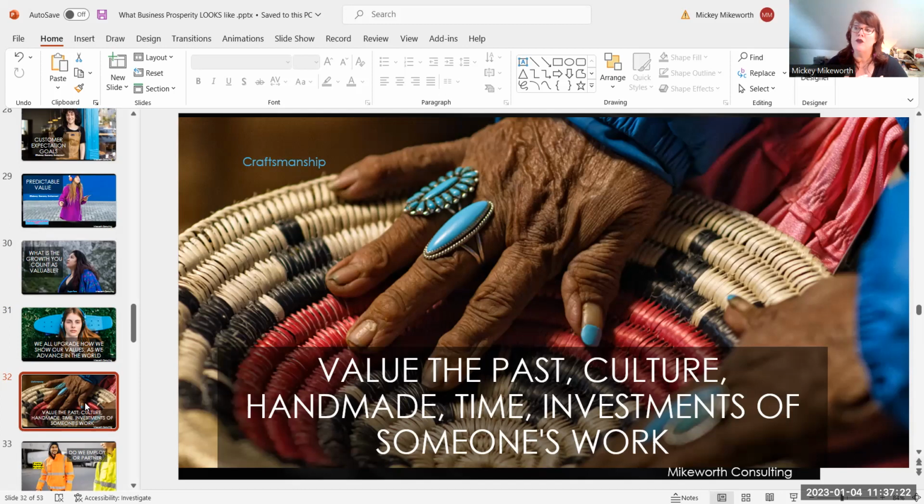We value the time that we've invested in a beautiful meal, that we invest in sharing that beautiful meal with other people, that we see the investments of someone's work. And we also see people really looking at the body of work that they've created over their lifetime. So when you look at values, it's not just what your customer receives, but it's also the value of the culture that is out there, the value in the world.